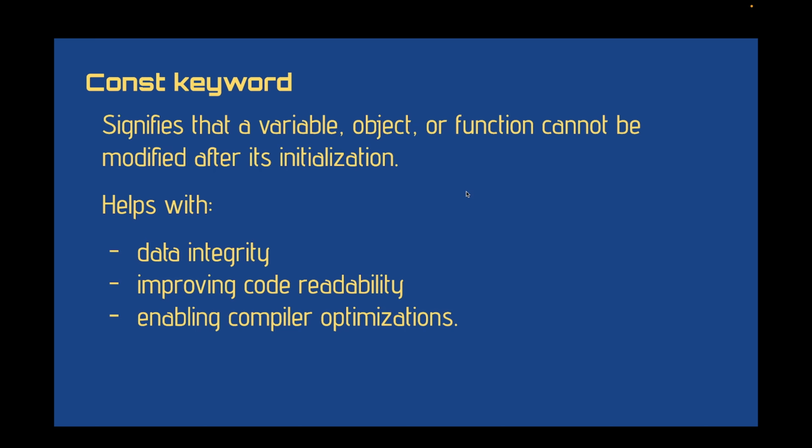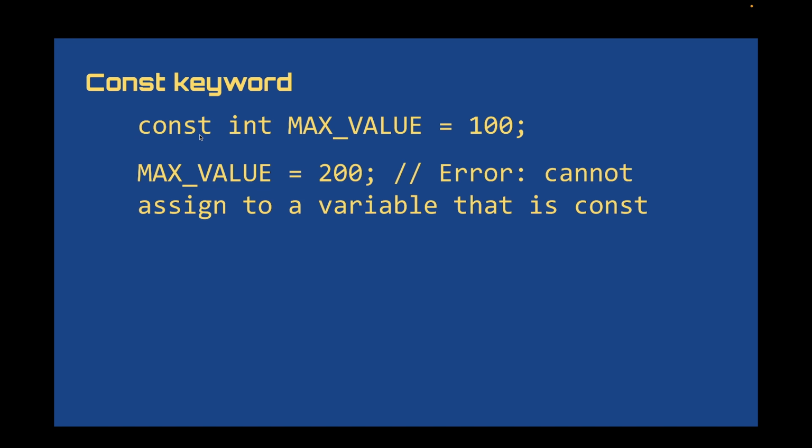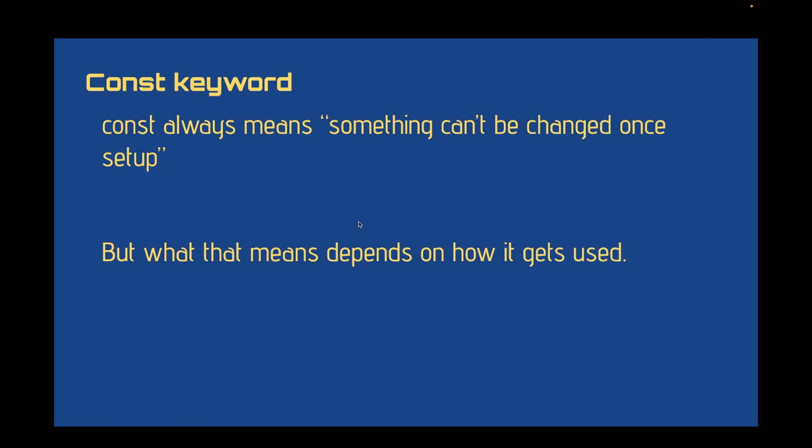And it also enables compiler optimizations, where you can hard define the size of your variable and you'll know it'll never change. So here's an example, const int max value equals 100. This sets up this variable so that max value will always be 100. You can't change it. If you try to change it, it will throw an error because you can't assign to a variable that's const.